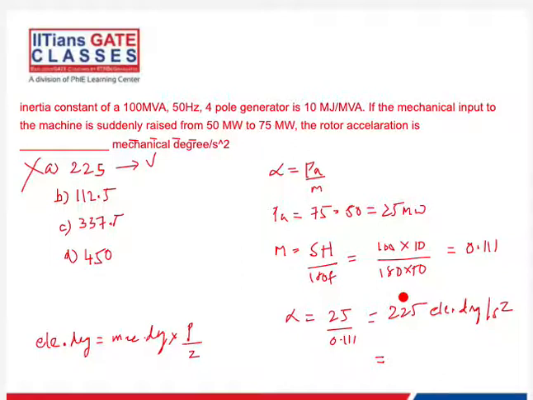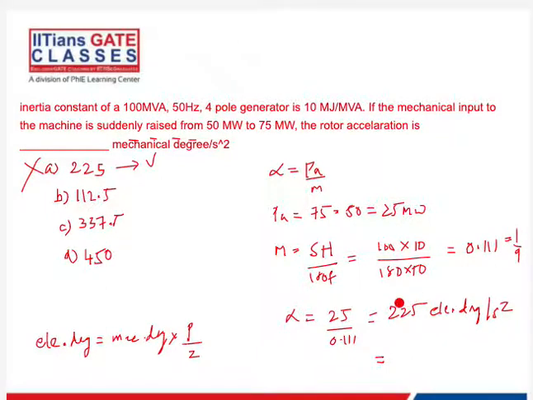How did you get this? 100 into 10 divided by 180 divided by 50. Did you get M as 0.111, or is this basically 1 by 9? Don't approximate.